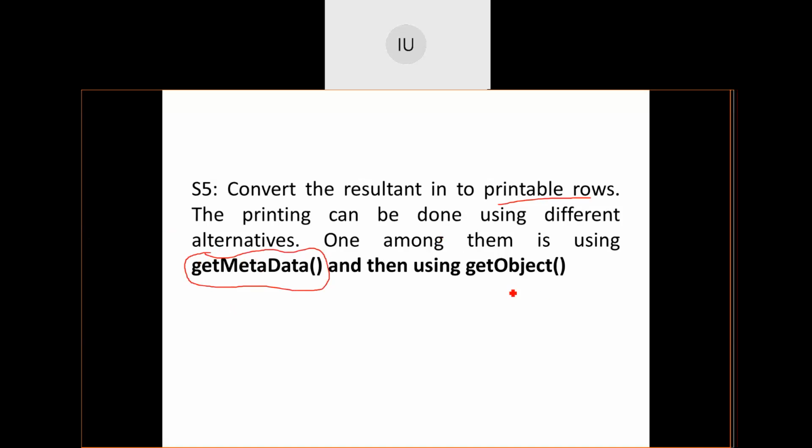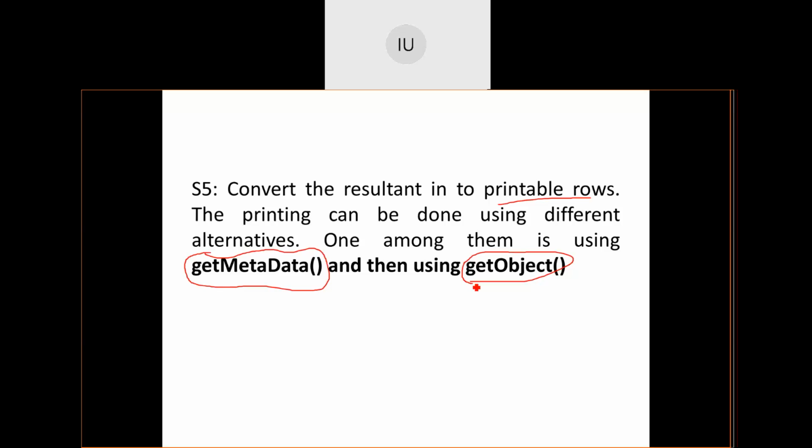This is associated with what is called getObject. Using the combination of getMetaData and getObject, I will print the data that is available in the table from which I have extracted it, using the query select star from.